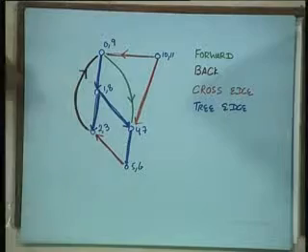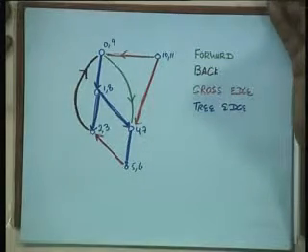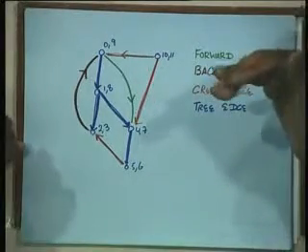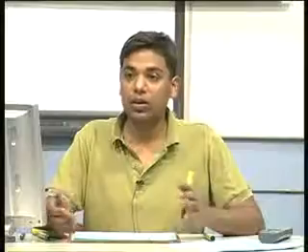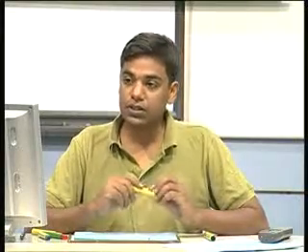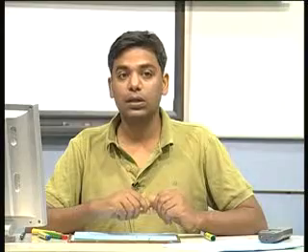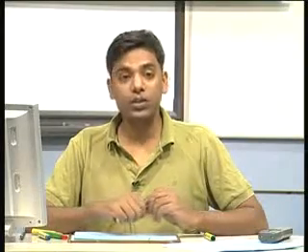Now something that's going forward in the tree is called a forward edge. Something that's going back in the tree is called a back edge. Something that's not going either forward or back is called a cross edge. So what's the property of a cross edge? Not going to ancestors or to a descendant.